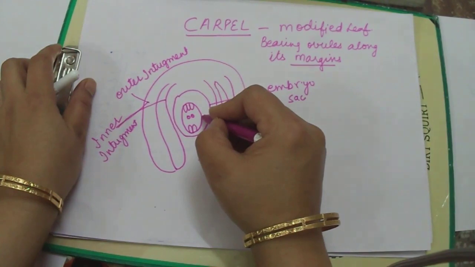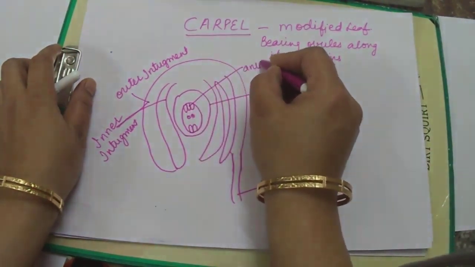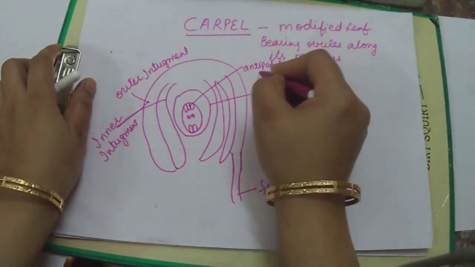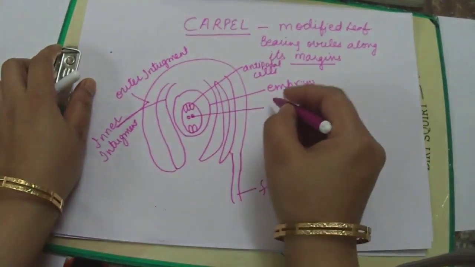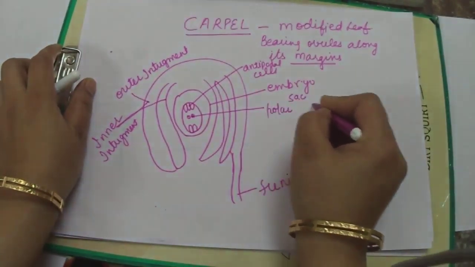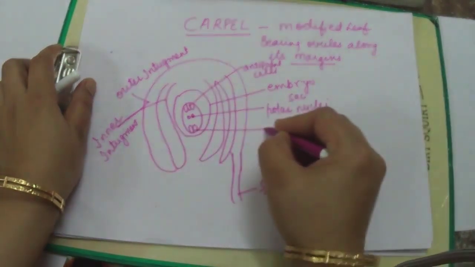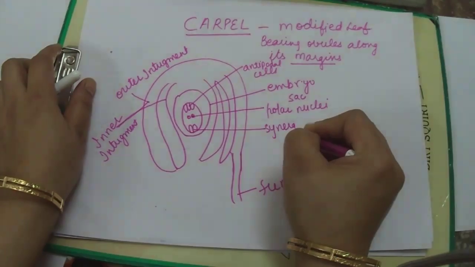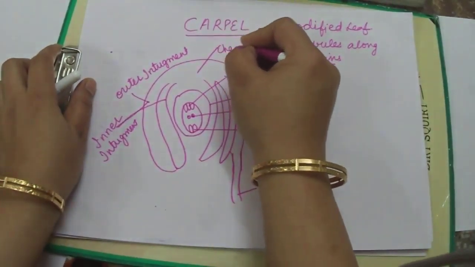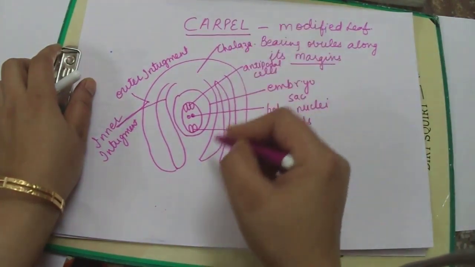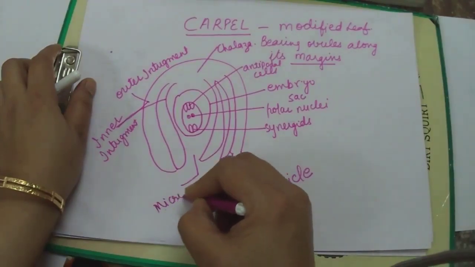And within the embryo sac, these are the antipodal cells. This is the polar nuclei. These are the two synergids. And this end is known as the chalaza. And this is known as the micropyle.